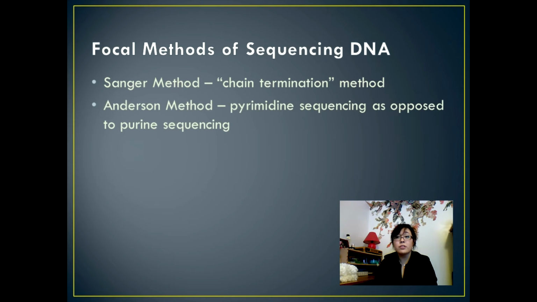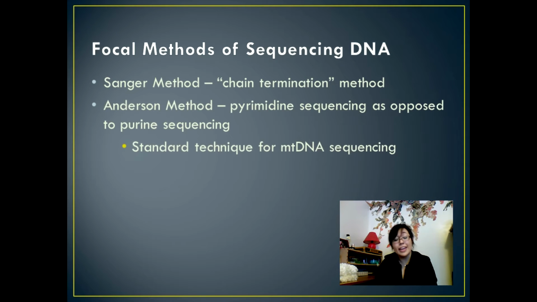The first human mitochondrial sequence was described in its entirety in 1981 by Anderson, and so it is often regarded as the standard sequence when comparing mtDNA sequences. The Anderson sequence pertains to the light pyrimidine sequence, as compared to the complementary heavy purine sequence. Anderson's work has also led to the rules of nomenclature when referencing mitochondrial DNA sequences.